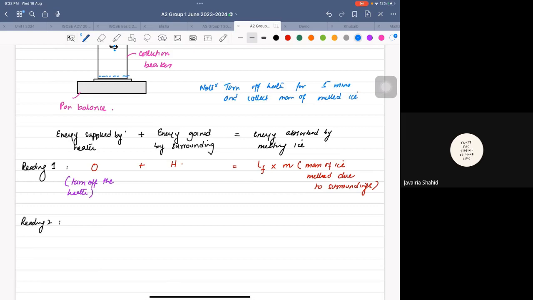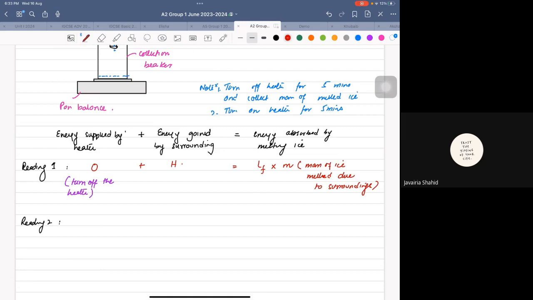Then in the second part, you're going to turn on heater for 5 minutes as well. Now you want to keep the same time so that it's fair.